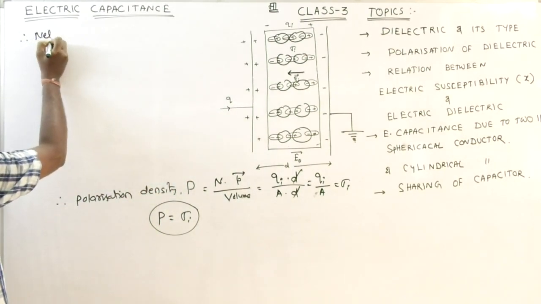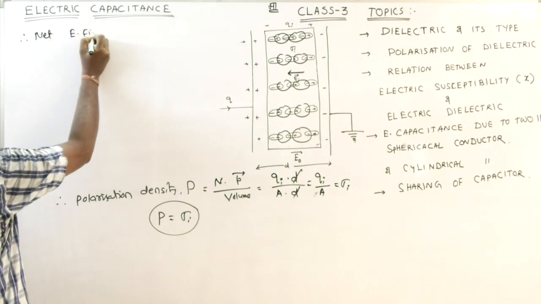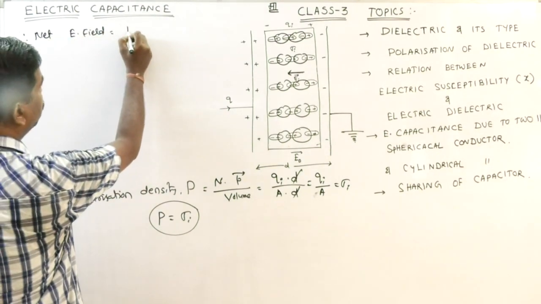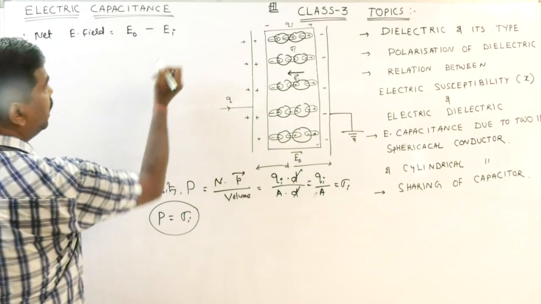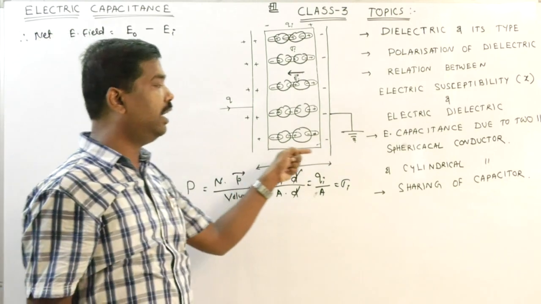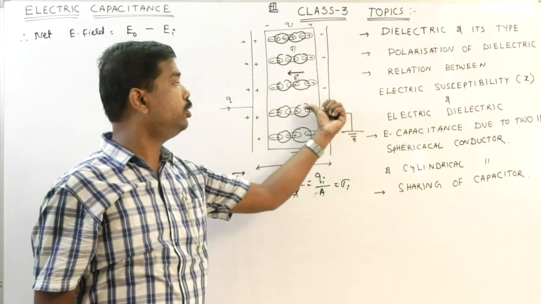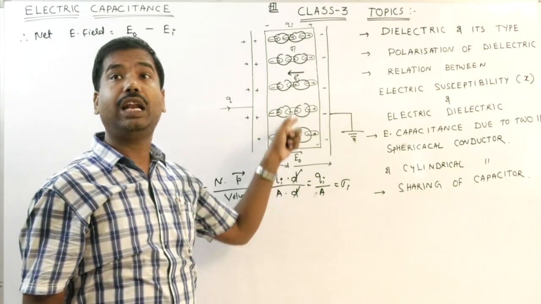Therefore, net electric field is equal to electric field in air minus induced electric field, because the electric field in air moves from positive to negative and the induced field moves from negative to positive, so they are opposite to each other.